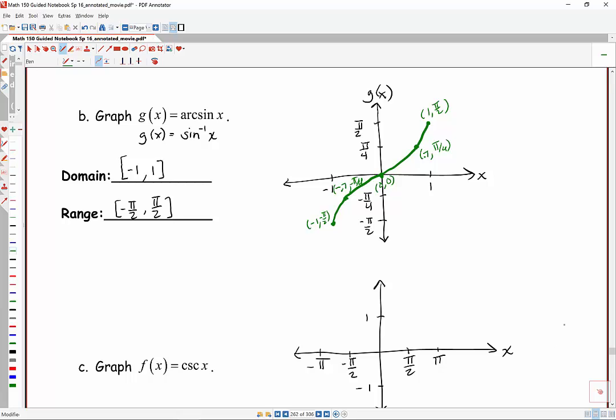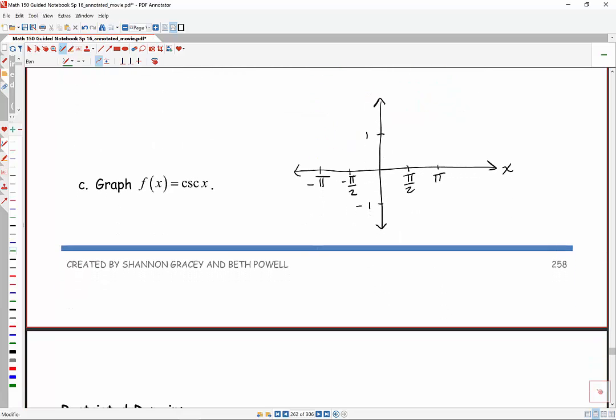Now for cosecant of x, what happens is this. You might want to dash in a little ghost graph of the sine function. Remember that was kind of like this.